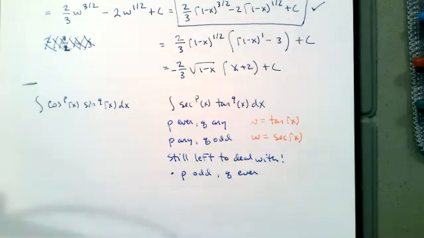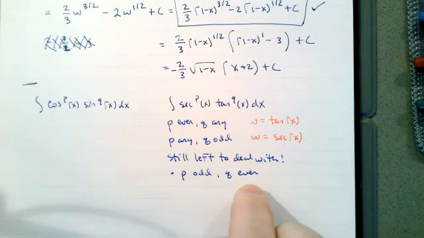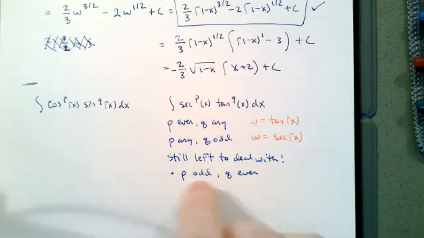What this boils down to, odd powers of P with even powers of Q, since even powers of tangent can become even powers of secant, odd powers of P and even powers of Q, this just means odd powers of secant.